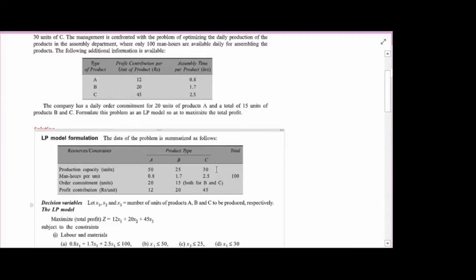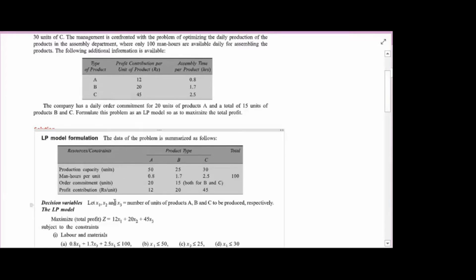So here the first thing you have to do is assume the decision variables. Let us suppose x1 units of A, x2 units of B, and x3 units of C will provide maximum profit. What are x1, x2? We don't know. We have to solve for the exact values of x1, x2, x3.